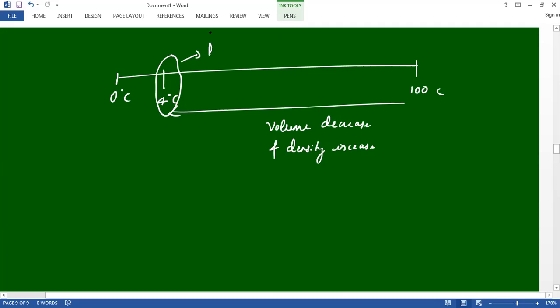Density is heaviest because the volume is minimum at 4 degrees Celsius. So the density of water at 4 degrees Celsius is heaviest.